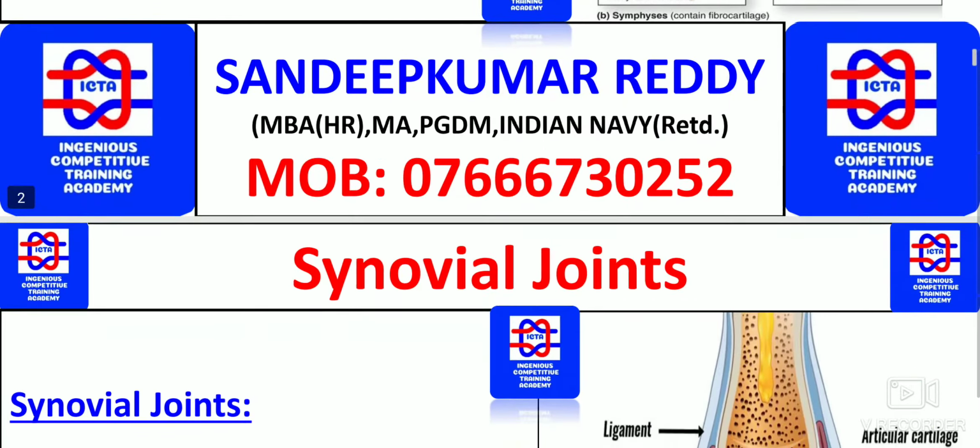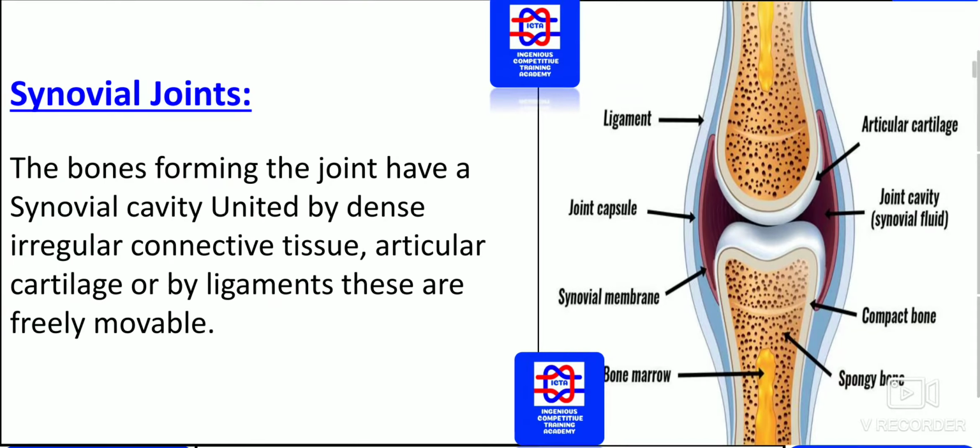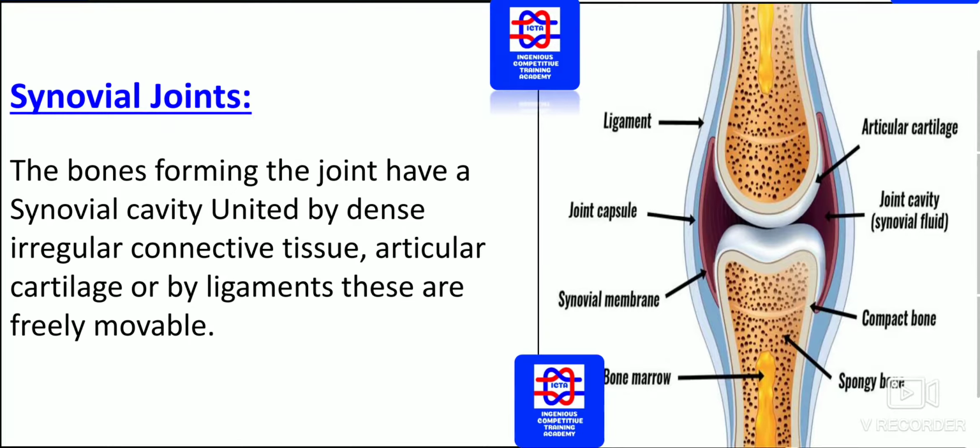So next we have the synovial joints. We should know what exactly the fluid in the knee is, that is synovial fluid. The bones forming the joint have a synovial cavity, united by dense irregular connective tissue, articular cartilage, or by ligaments.